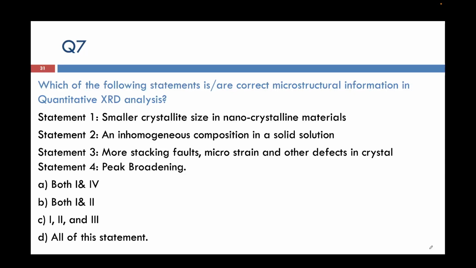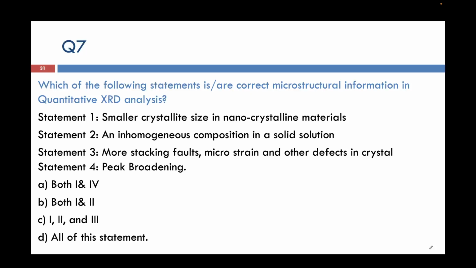Now there is a multiple answer MCQ. Which of the following statements is or are correct? Microstructural information in quantitative X-ray analysis: smaller crystallite size in nanocrystalline materials, inhomogeneous composition in a solid solution, more stacking faults, microstrain and other defects in the crystal system, peak broadening. So which of this information is correct?